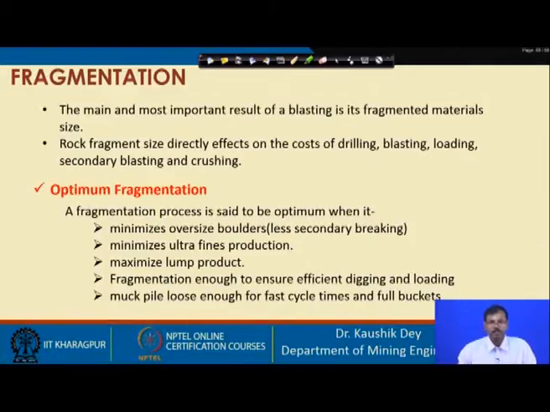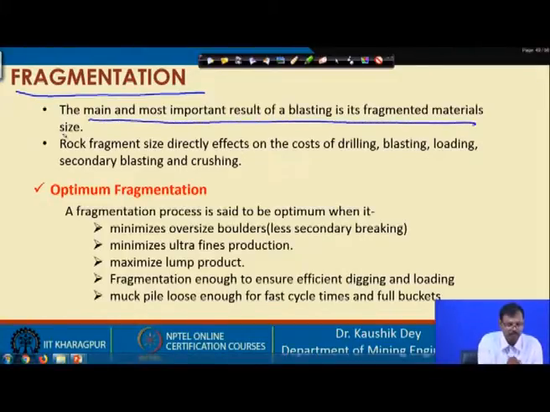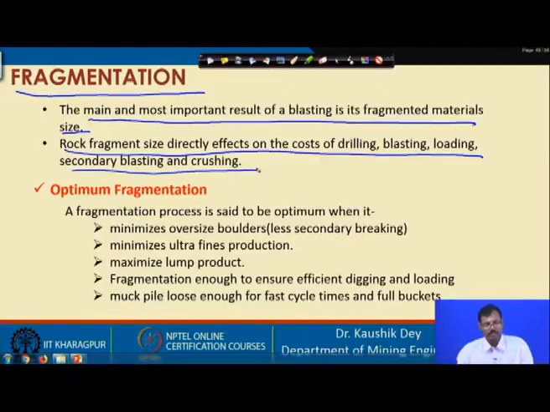The next influencing parameter is fragmentation, which is basically our prime objective. The prime objective of blasting is fragmentation, and the most important result of a blast is its fragment size. Rock fragment size directly affects the cost of drilling, blasting, loading, secondary blasting and crushing.